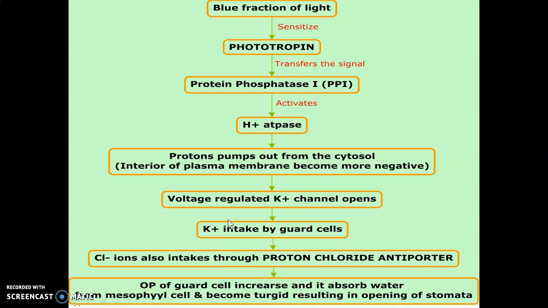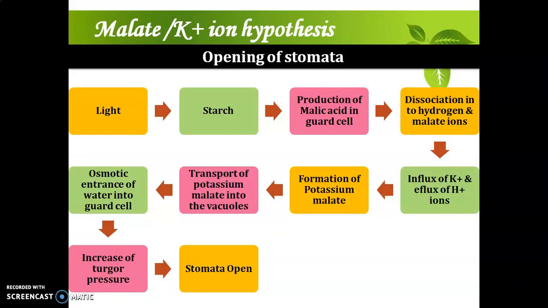Due to inward movement of these potassium and chloride ions, osmotic pressure of the guard cell increases, due to which this guard cell absorbs water from the mesophyll cell, becomes turgid and results in the opening of the stomata.